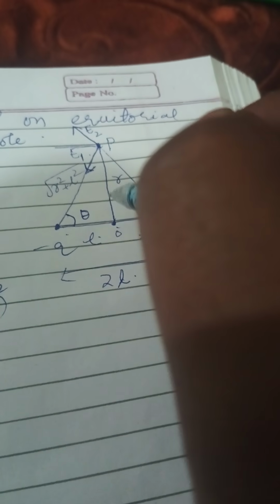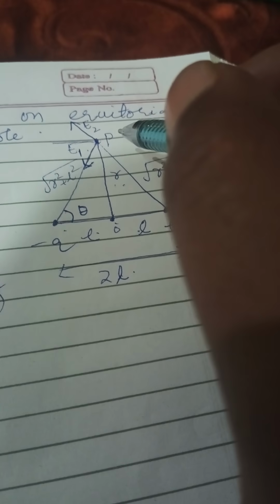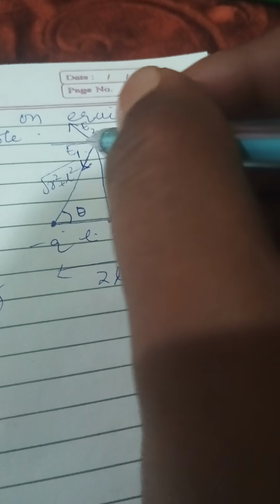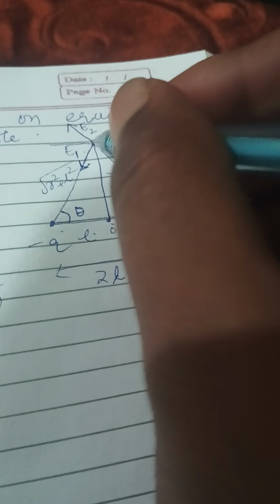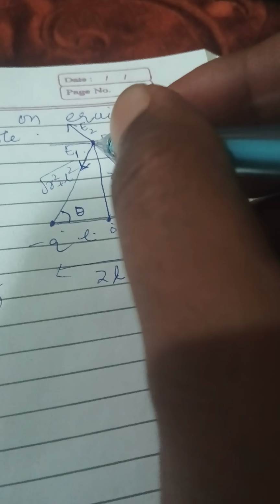this line here is parallel to this line. This is theta. This line here, we will take the rectangular components of both electric fields.